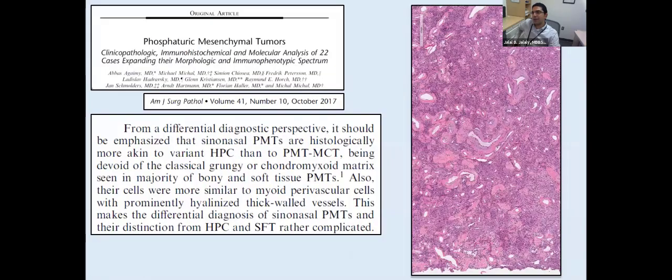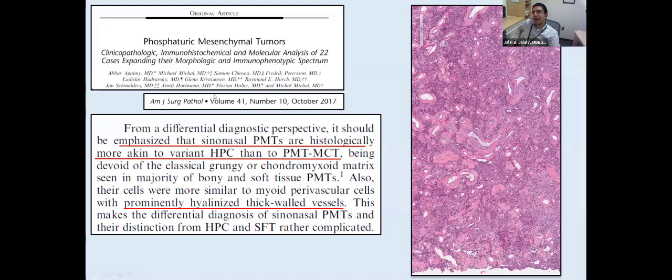But reviewing the literature, it shows that phosphaturic mesenchymal tumor of the sinonasal tract actually resembles solitary fibrous tumors or hemangiopericytomas more than it resembles the typical soft tissue phosphaturic mesenchymal tumors. And they can present with prominently hyalinized thick vessels.